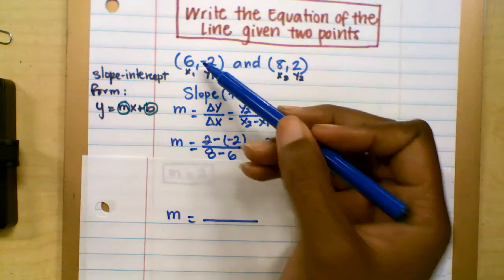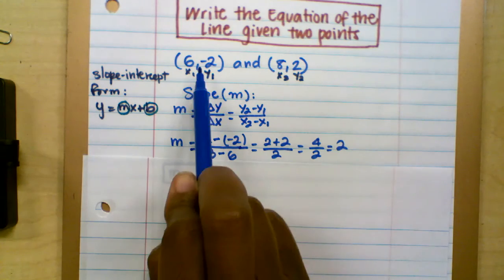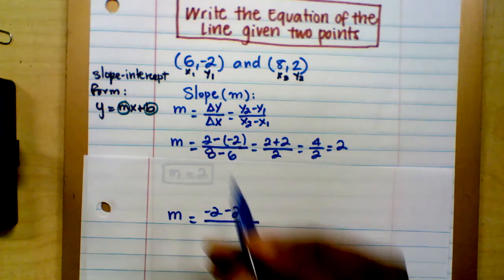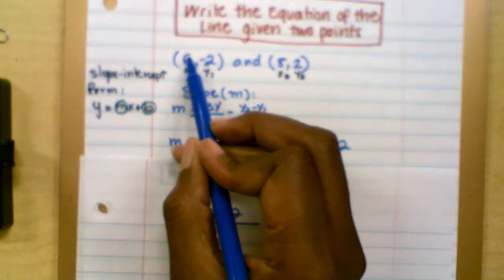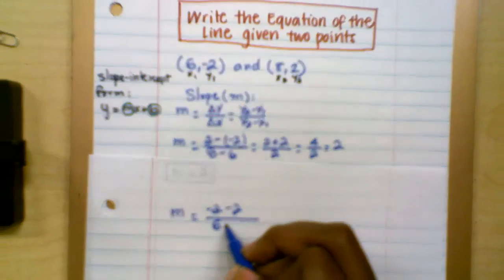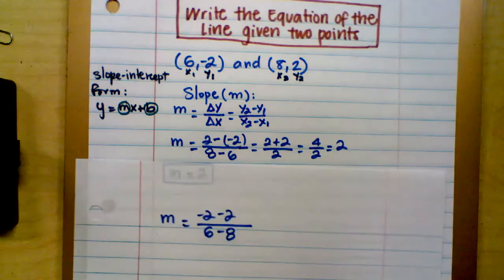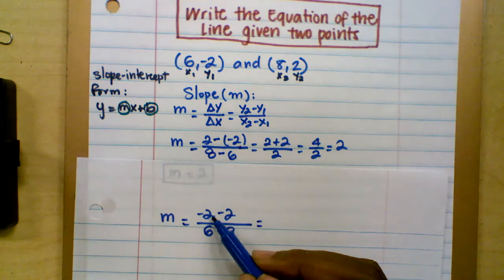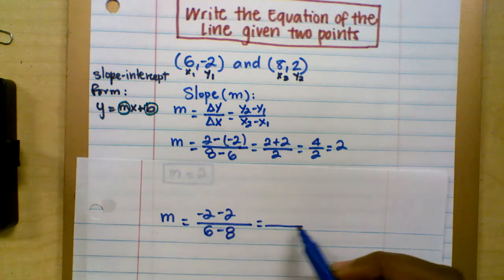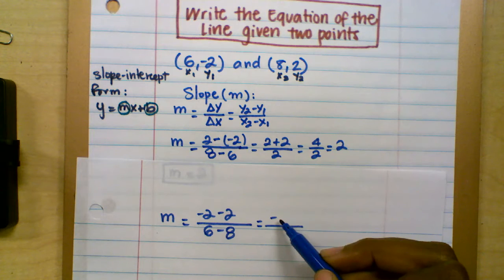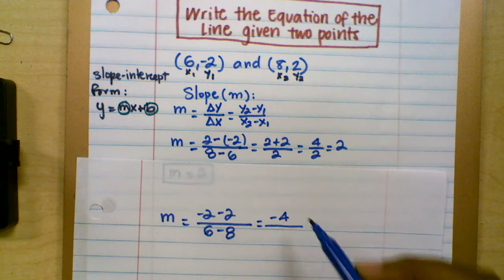I could have started from the left with -2, and then 6 minus 8. Let's see if we end up with 2. So you have -2 minus 2. You're adding two numbers with the same sign, so you keep the sign and add, and you get -4.